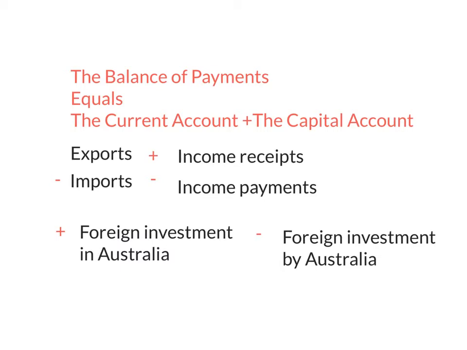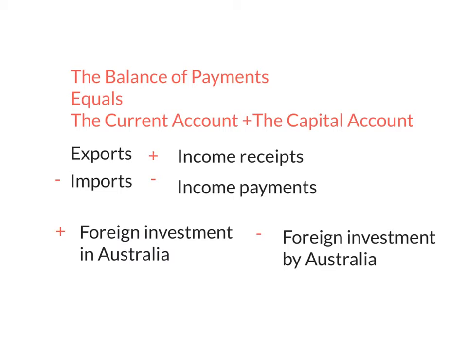So notice that the balance of payments is just all purchases of Australian dollars, exports, income receipts and foreign investment in Australia, take away all sales of Australian dollars, imports, income payments and foreign investment by Australia.